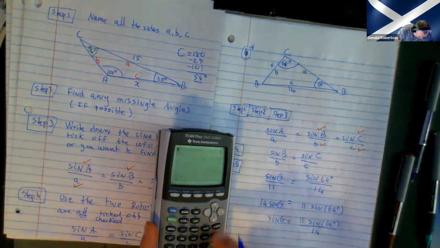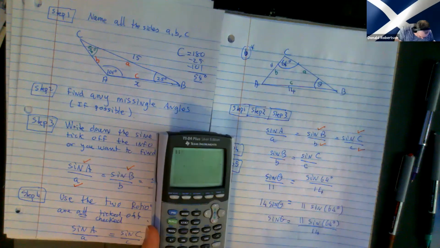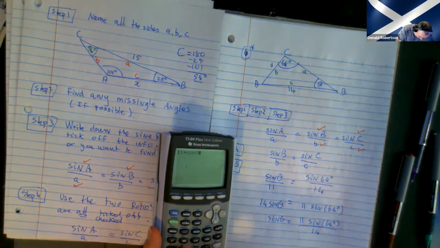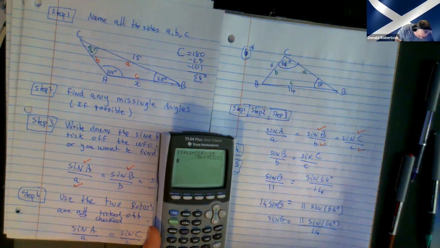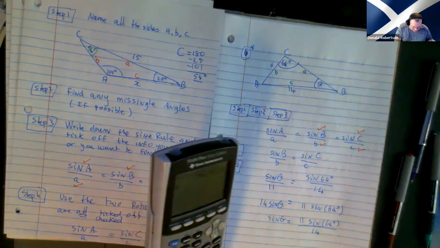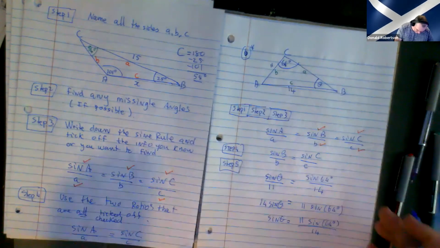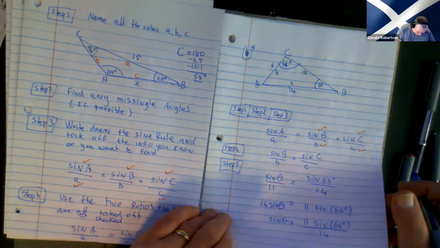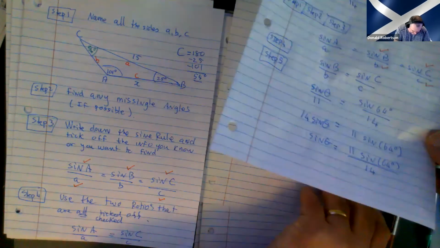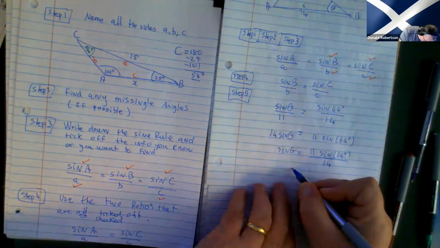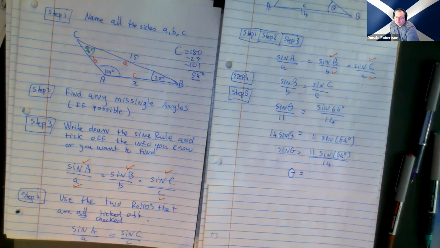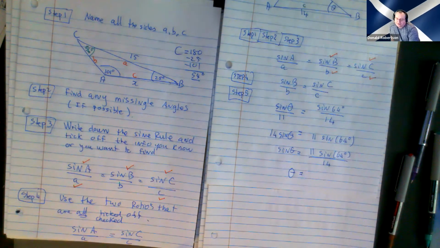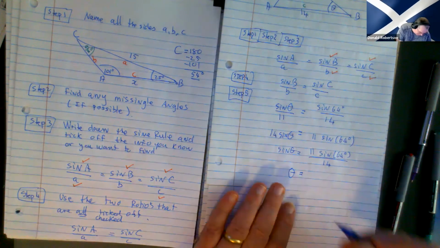So I'll go here and I'll do 11 times the sine of 64 divided by 14, and I'll get that guy. And I just thought of something that can save me one line of working. What should I do to both sides to find the missing angle theta?